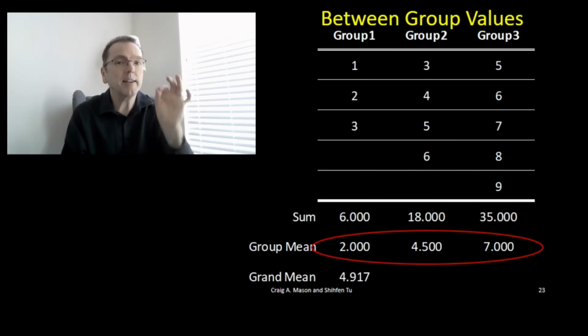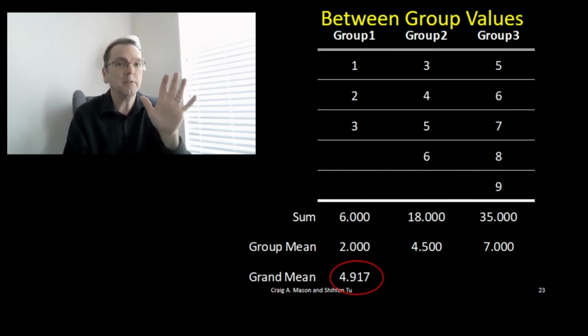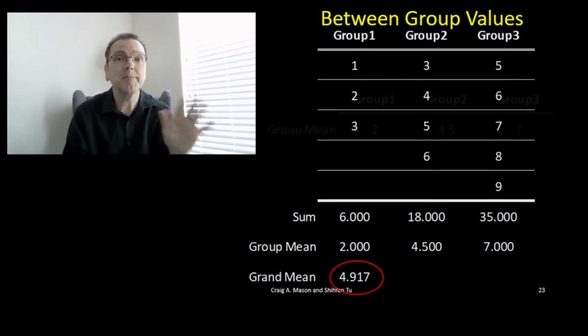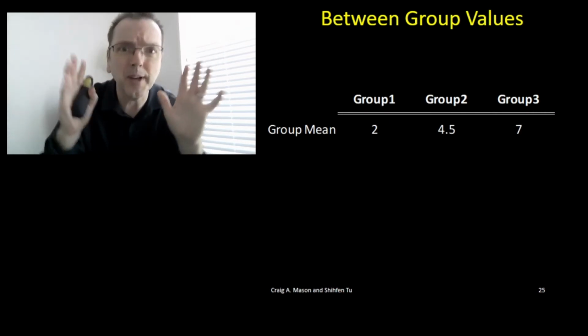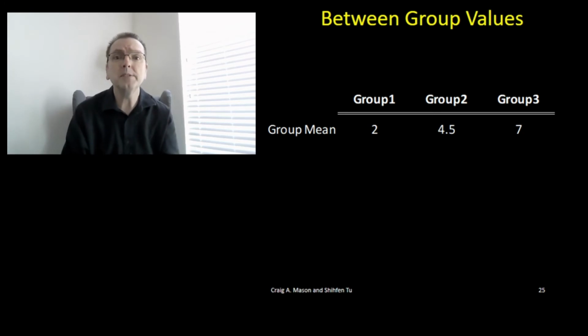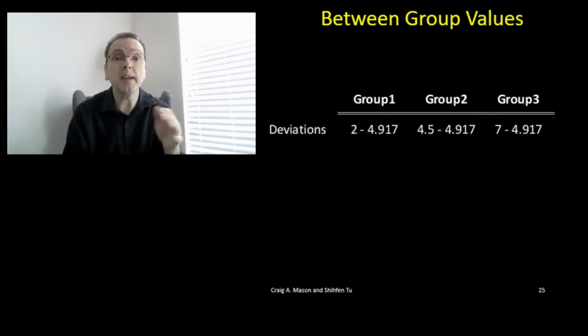We then subtract the grand mean, which was 4.917, from each of those group means. To see that, let's list the 3 group means, okay? Like I said, we subtract the grand mean of 4.917 from each of these values.